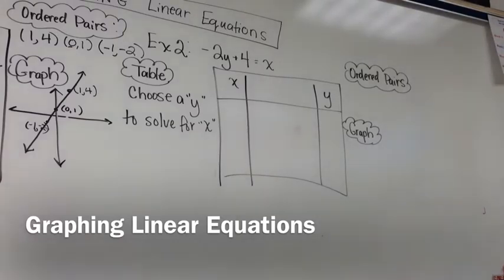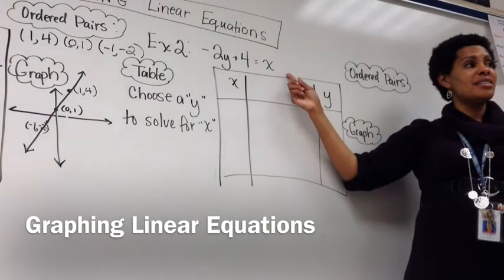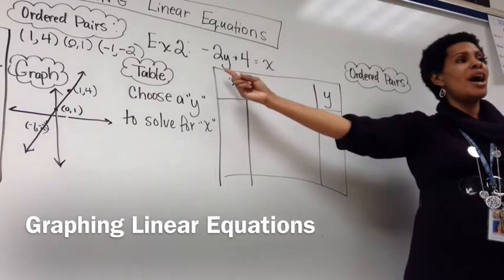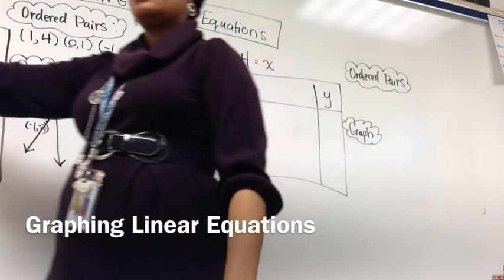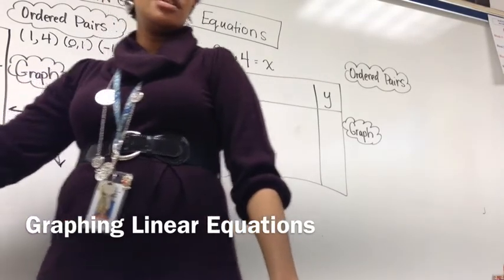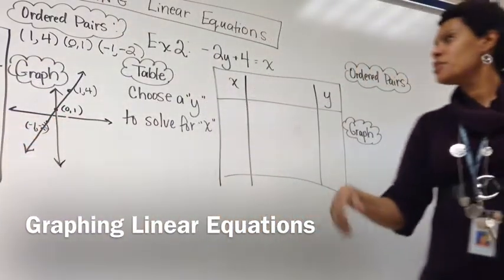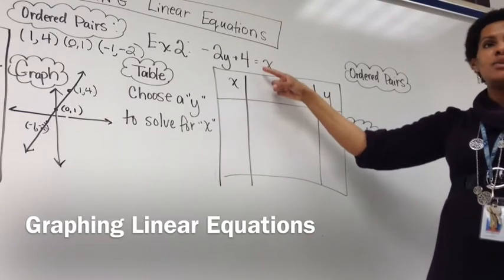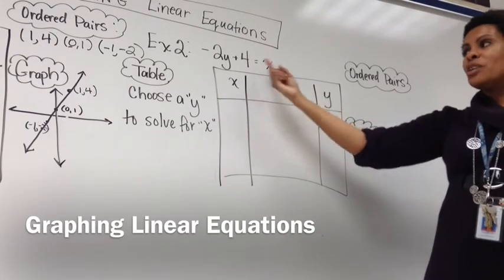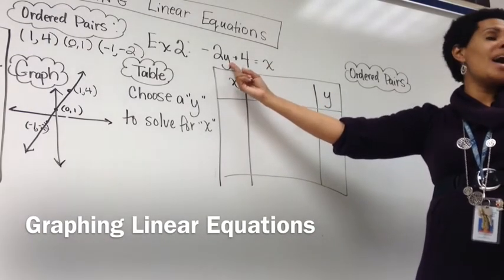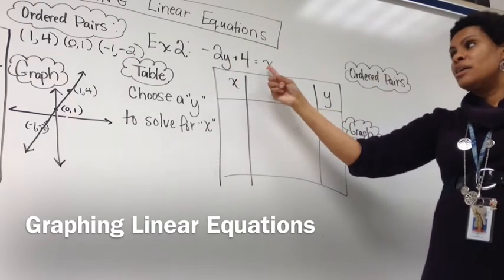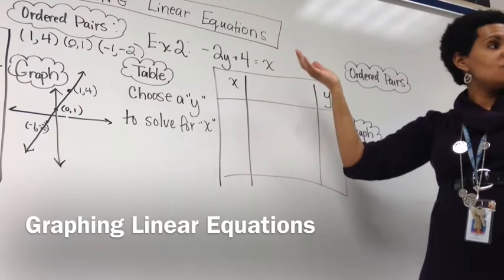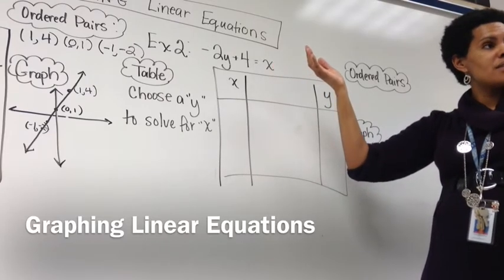But if you're solving for x, then why don't you choose your y values? We're so used to choosing our x values, but now that we're a little more familiar with this, since x is on the other side of the equal sign, why don't we make y our independent variable that we get to choose? That way, we can just use order of operations to solve for x.